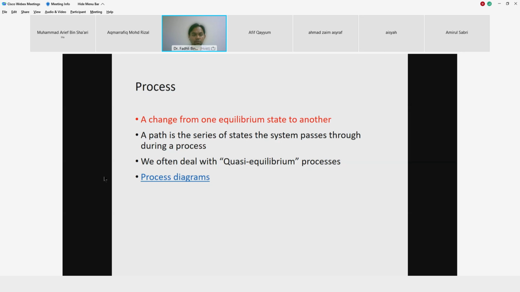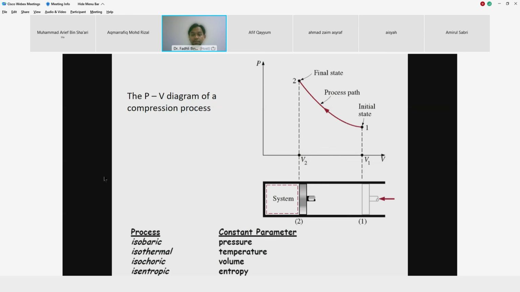So processes can be expressed in terms of diagrams. There are several diagrams. If we want to express the process, we can show it in terms of a diagram. For example, here, this is a PV diagram, a diagram of a compression process.